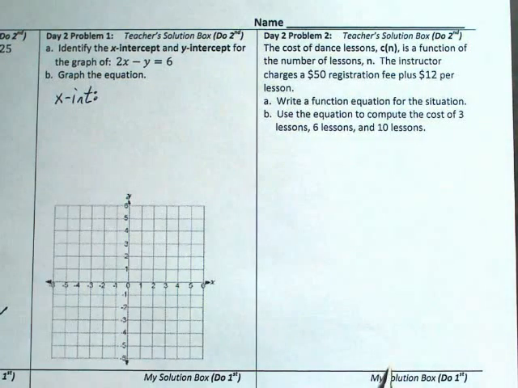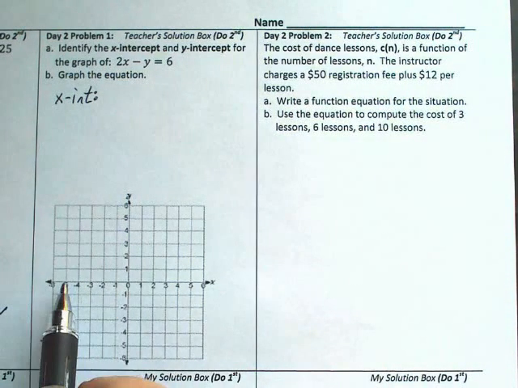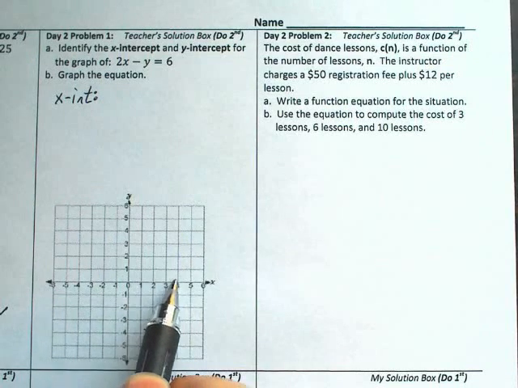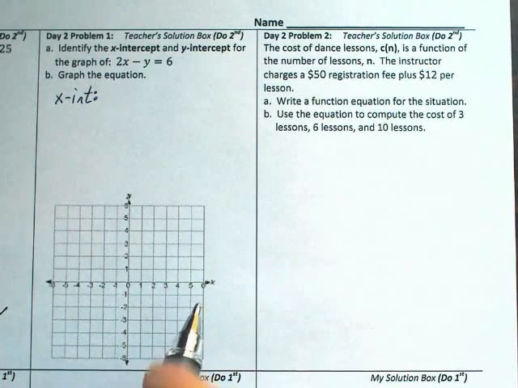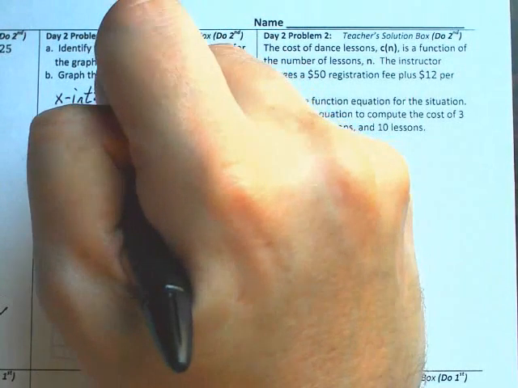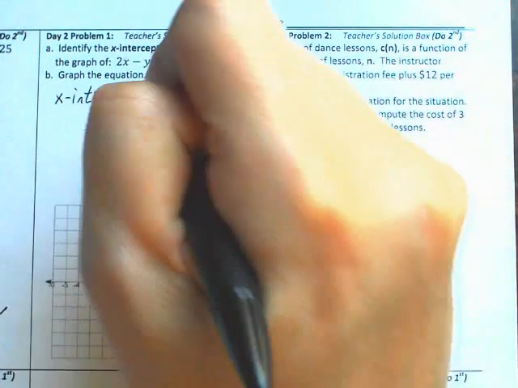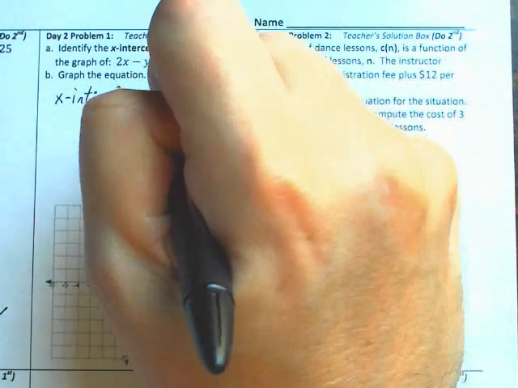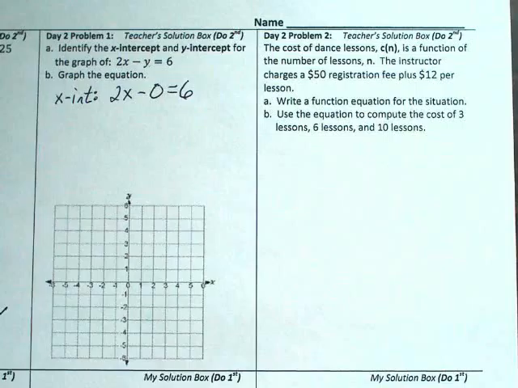Now to find the x-intercept, we can use the fact that any dot that is on the x-axis will have as its y-coordinate a 0. And so I'm going to take this equation and substitute a 0 in place of the letter y. And here's what the equation now looks like.